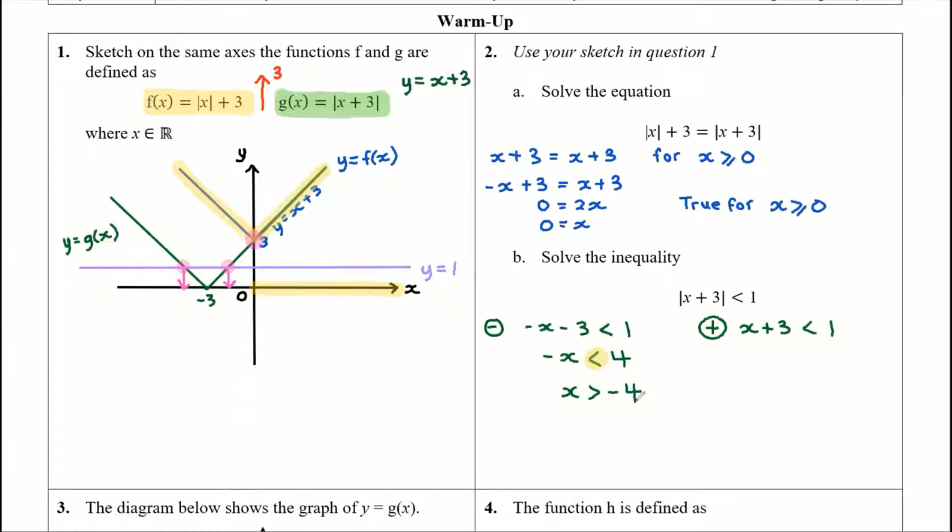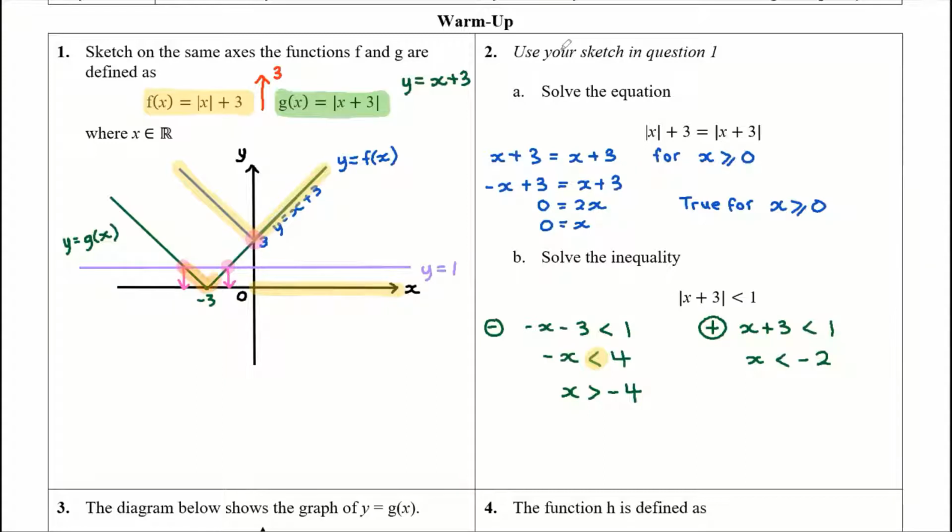Okay, and for the positive branch, we're going to have x is strictly less than 1 subtract 3, which is minus 2. Now we'll just check this and make sure it makes sense. Remember, we're interested in the modulus being strictly less than 1. Now, graphically, the part where the modulus is strictly less than 1 is right here.